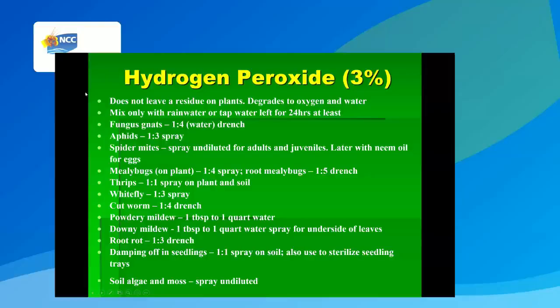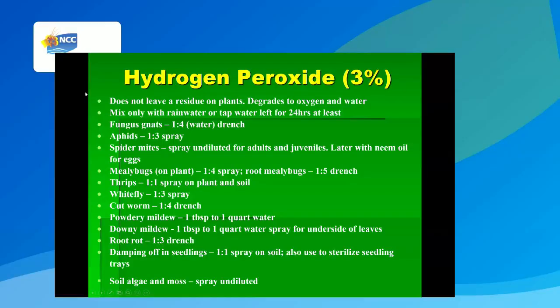A good thing about it is that it doesn't leave any kind of residue on your plants because it degrades to oxygen and water. But when you're doing these mixtures, make sure you use only rainwater or tap water that has been left in an open container for at least 24 hours to make sure all the chlorine has come off, because the chlorine can degrade the hydrogen peroxide.